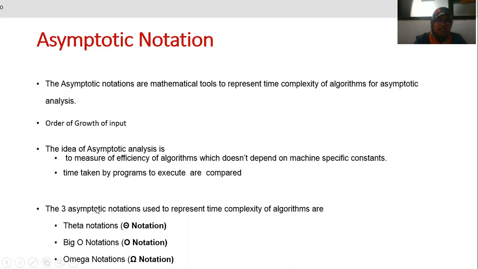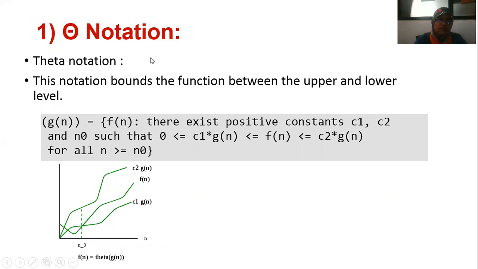Now, the three asymptotic notations used to represent the time complexity are theta notation, big O notation, and omega notation. First, we'll see theta notation. The symbol for theta notation is this.